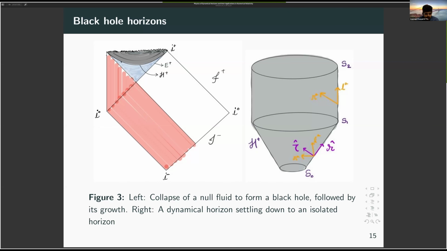Once these marginally trapped surfaces form and undergo dynamics, far into the future, once all dynamics ceases, they would asymptote to the event horizon of the spacetime. At this point, the horizon becomes null, which is shown by the top half of the right-hand figure. In this region, the event horizon would, of course, coincide with the isolated horizon of the black hole.